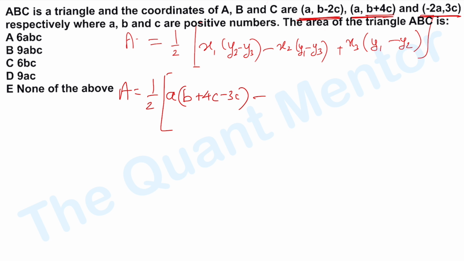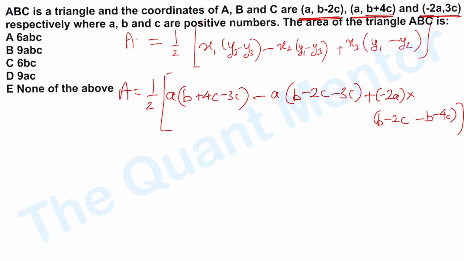Okay, minus x2, which here is a, into y1 minus y3, which is b minus 2c minus 3c, since y3 here is again 3c. Plus the last term, x3, which here is minus 2a, into, this is slightly complicated but we'll be very careful here, y1 minus y2 is b minus 2c minus of y2, b plus 4c. So minus of b plus 4c will be minus b minus 4c.